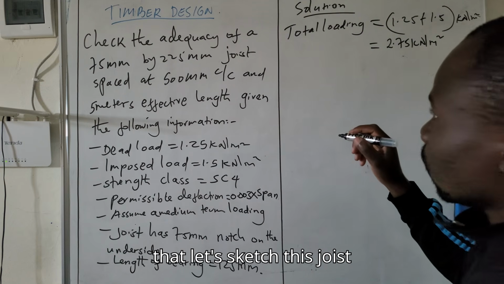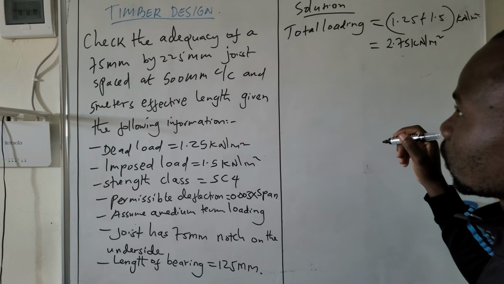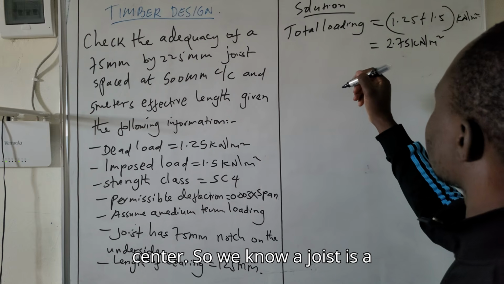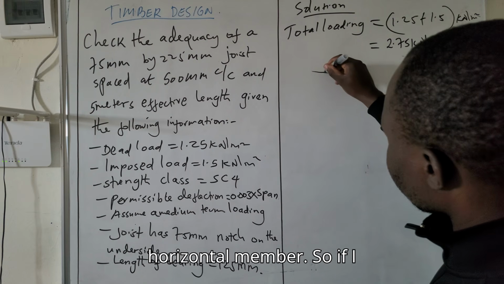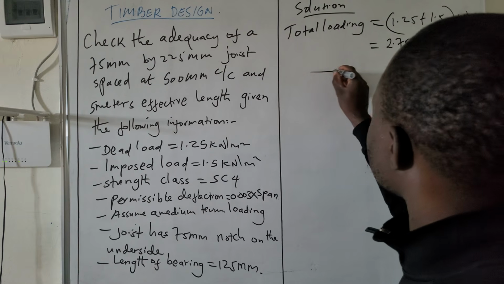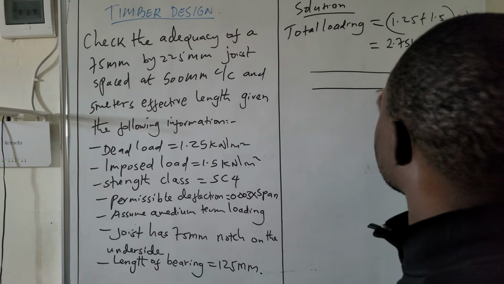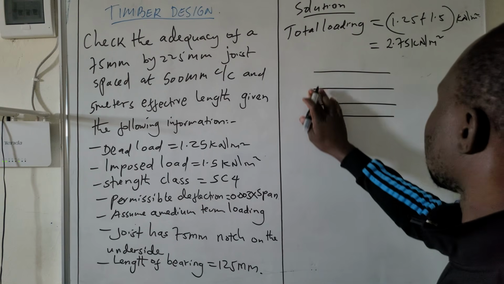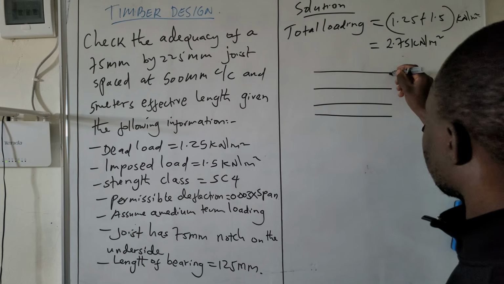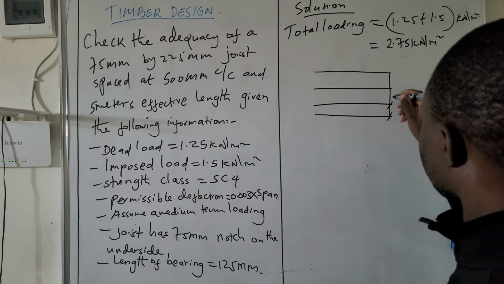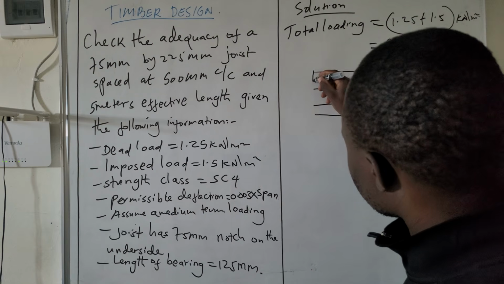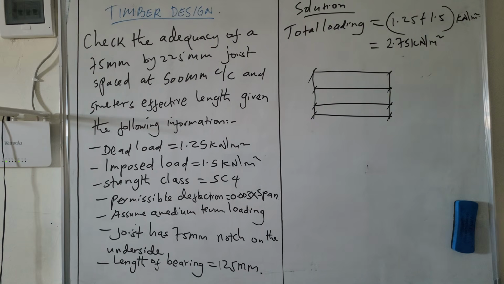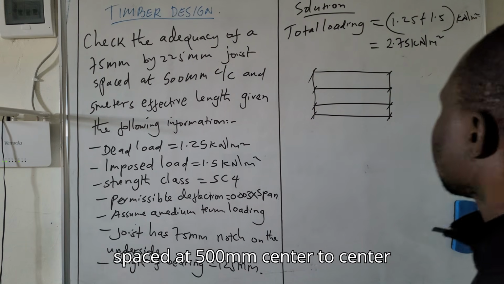So to do that, let's sketch this joist spaced at 500 millimeter center to center. So we know a joist is a horizontal member. So if I can sketch, so these are our joist members spaced at 500 millimeter center to center.